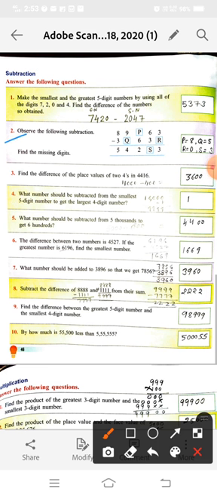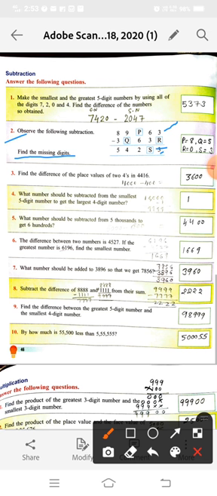Okay, now the next is: observe the following subtractions. Find the missing digits. Here some digits are missing, so we have to find them. So how will we find it? Here in the question, on the place of ones, the bigger number is 3, and the difference is also 3.